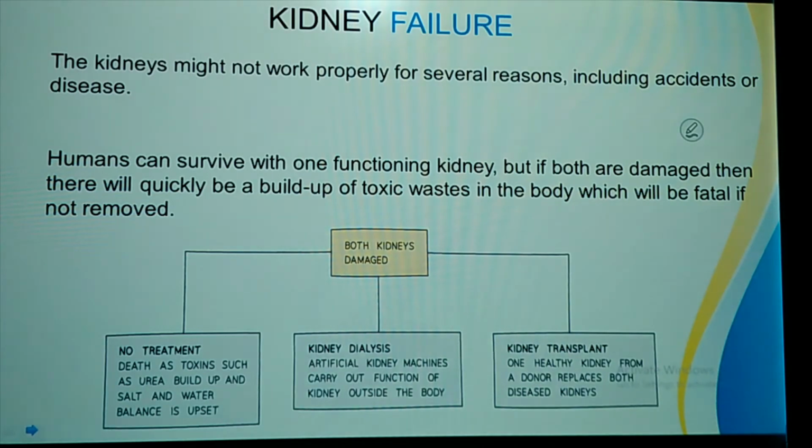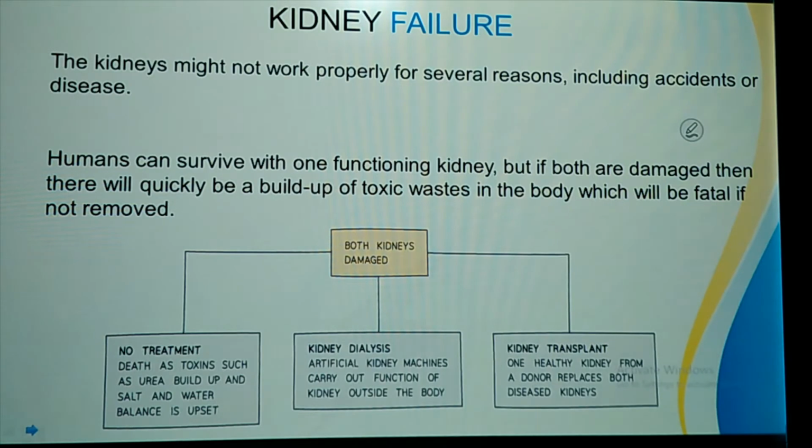I'm going to explain that. We said the kidney helps us to filter blood, to take waste away from the blood. So when both kidneys are damaged, we can't take out the waste from the blood. And when this waste builds up in the blood or in the body, then there is a problem.